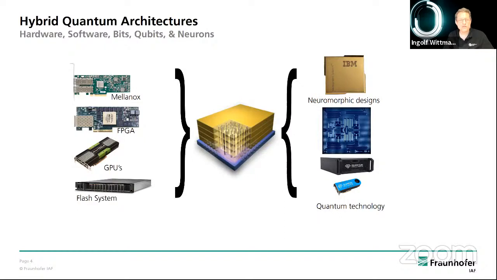And you need the full software stack for that: from the hardware piece parts over the operating systems to the distributed workload management, and then the applications that support these different types of piece parts.